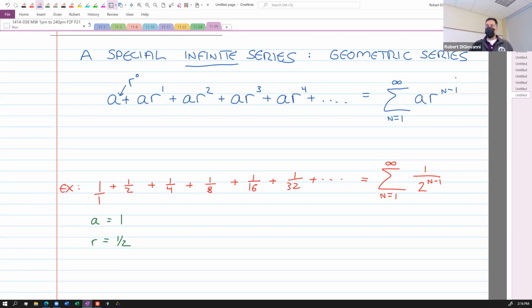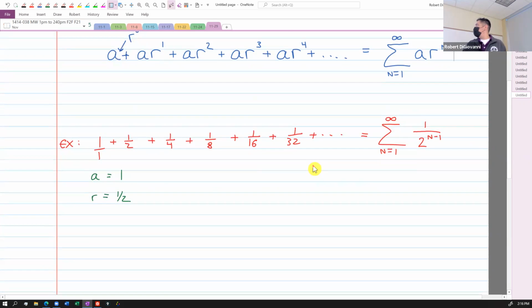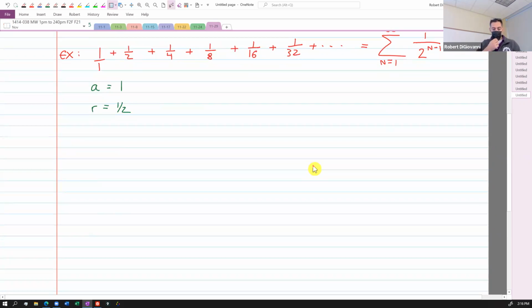Let me give you another example, and you tell me whether or not you can identify what A and R are. Okay, how about this one?